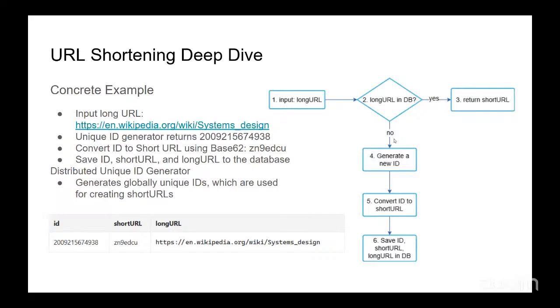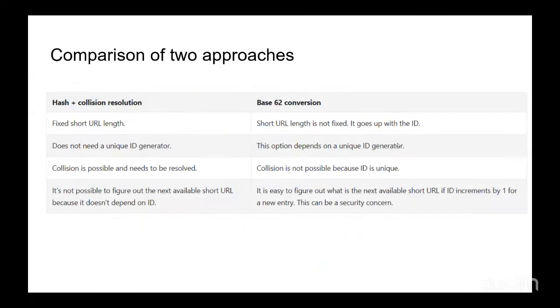We will not send it to our URL shortening server. Otherwise, if it is not there, then we will have to generate a new ID for this long URL, because we discussed that we will be using the base 62 conversion approach, because this will avoid collision. It will also provide us a unique ID, right? A unique URL every time. For every new URL, we will be getting a unique URL.